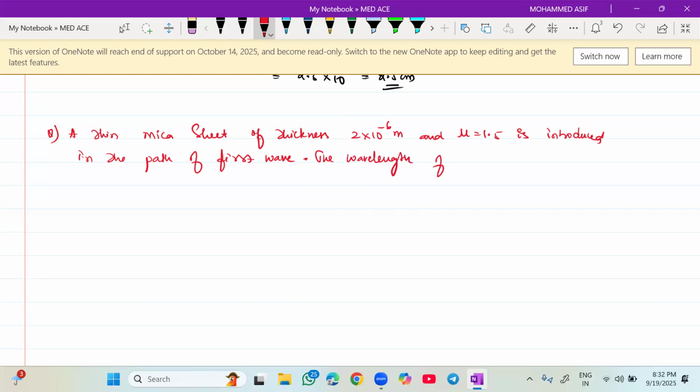The wavelength of wave used is 5000 angstroms. The central bright maxima will shift by how much?